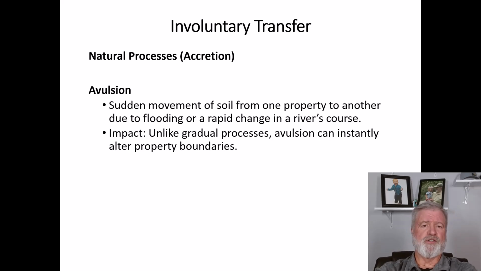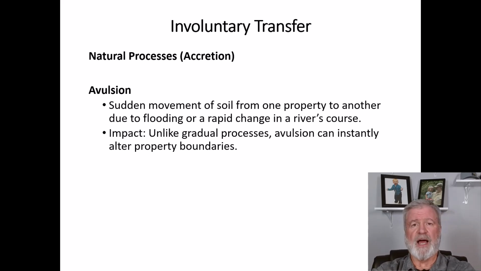But then avulsion, now remember, that was a way you could lose land, but this is a sudden loss of land or movement of land. Alluvion, for example, that's a very gradual process over a long period of time, but avulsion is very sudden. Takes place very quickly. You see, avulsion takes place a lot of times if there's a tidal wave come in, or a major flood that just rips out large chunks of land all at one time.